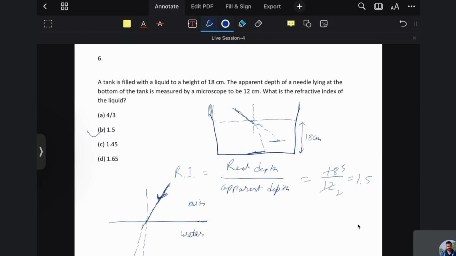Suppose if it would have gone straight, this path would have been followed, but now it will follow this path.